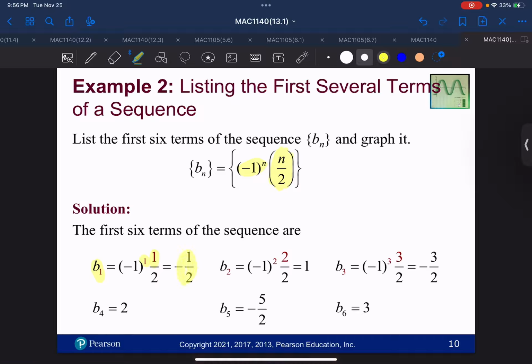That would be the first term. The second term, I'm plugging 2 in for n. -1 squared is a positive 1. 2 divided by 2 is positive 1. 1 times 1 is 1. And so forth. The third term would be negative because this now would be odd. It would be -3/2. The next one would be a positive 2, and so forth.